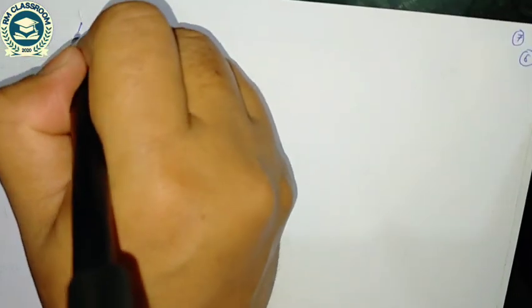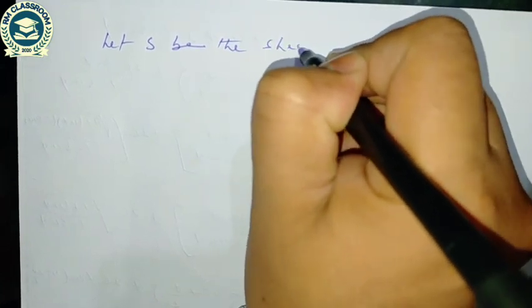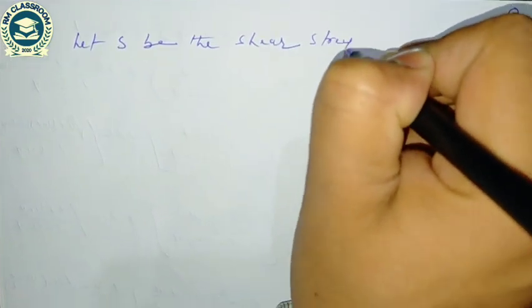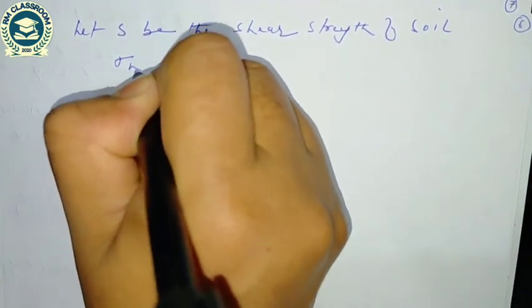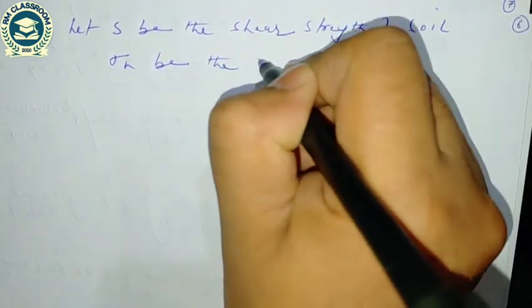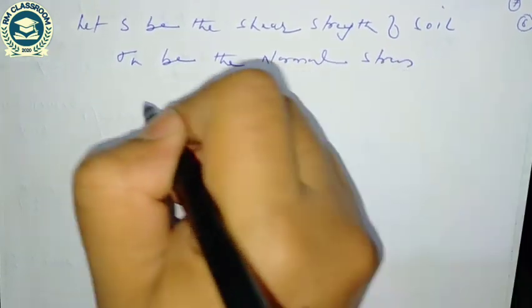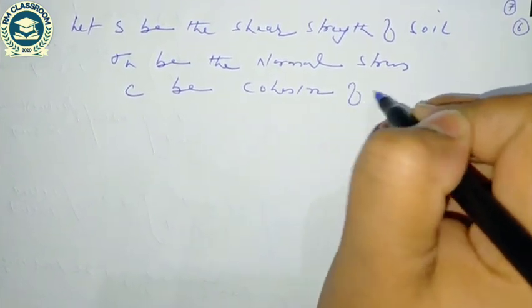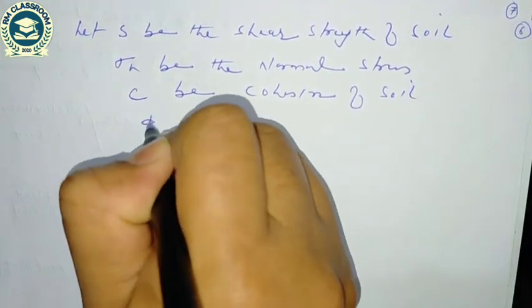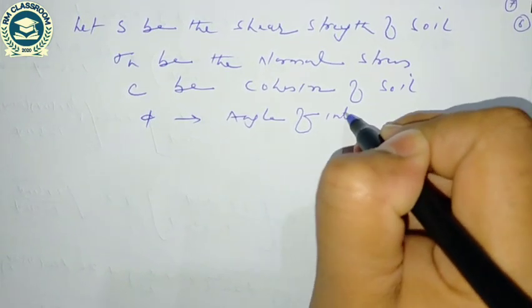So according to Mohr's, let S be the shear strength of soil, sigma n be the normal stress, C be the cohesion of soil, and phi is the angle of internal friction.